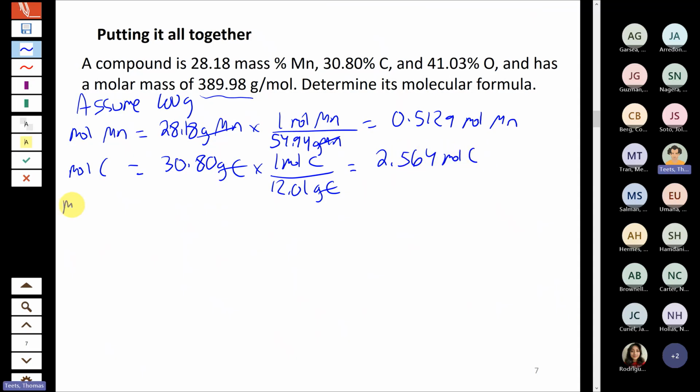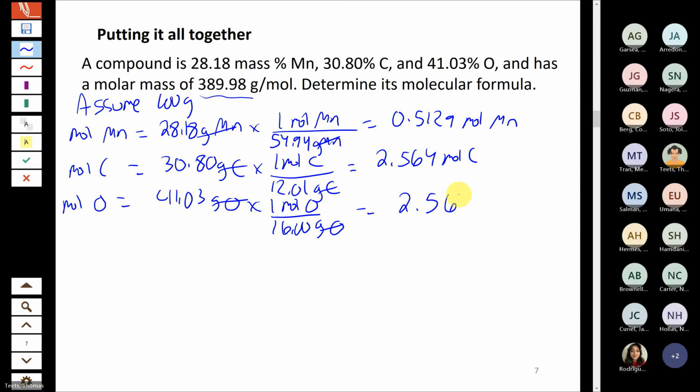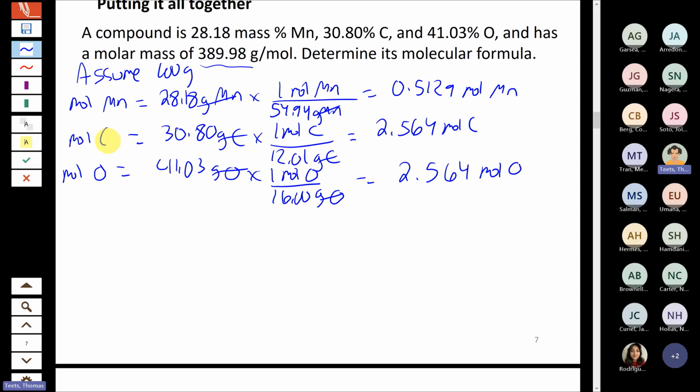And then for oxygen, 41.03 grams, with 16.00 grams per mole for oxygen. So it comes out to also the same number, 2.564. All right, so that's the moles of each element in 100 grams of the compound.